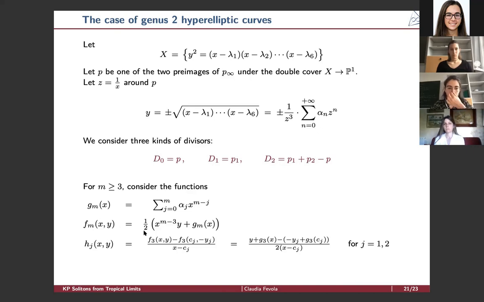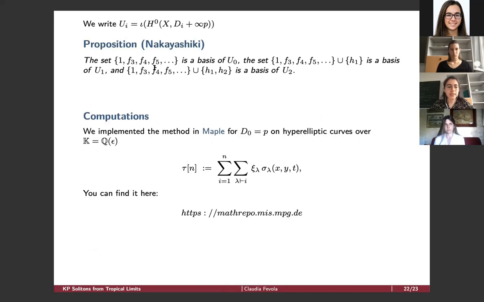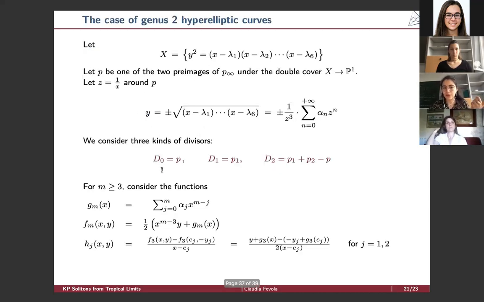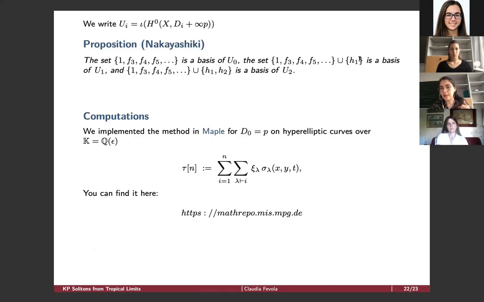Once we know these functions, we can see that each of these sets of functions will give us a basis of a point in the Grassmannian. In particular, the set corresponding to these functions will give us a basis for the first divisor. And if we add the function h1, we get the basis for the other divisor, and so on.